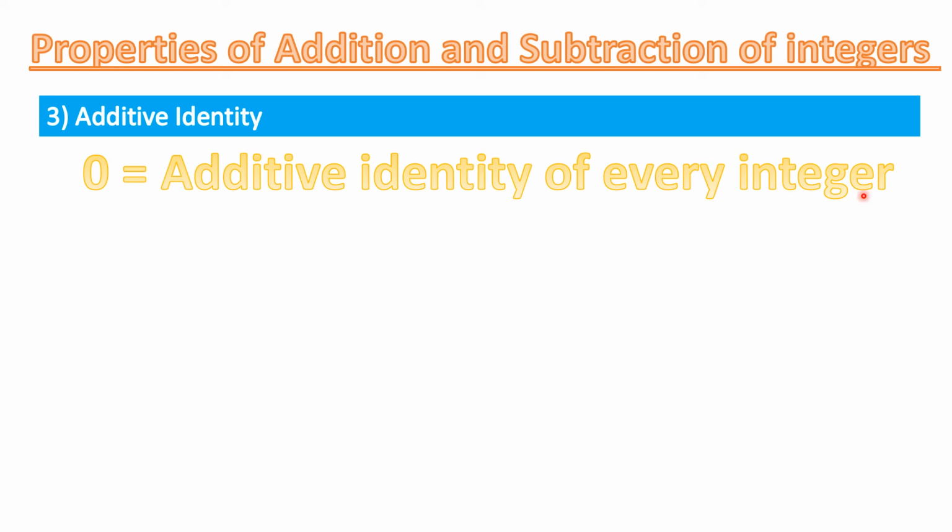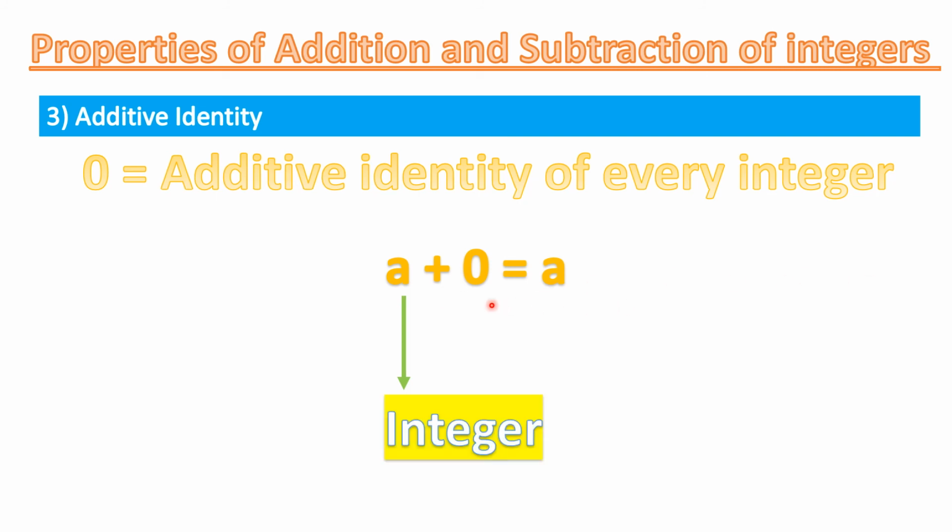This means that a plus 0 is a. Let us look at it carefully. Here a is an integer. So when we take any integer and add it with 0, we get the same integer itself, right?